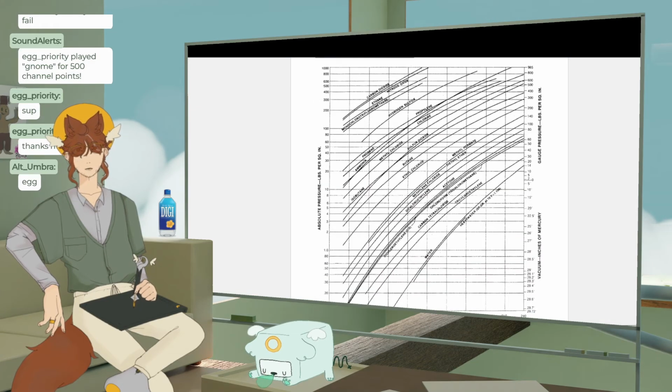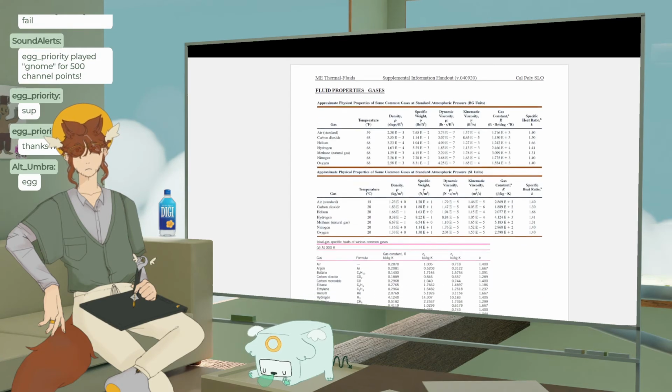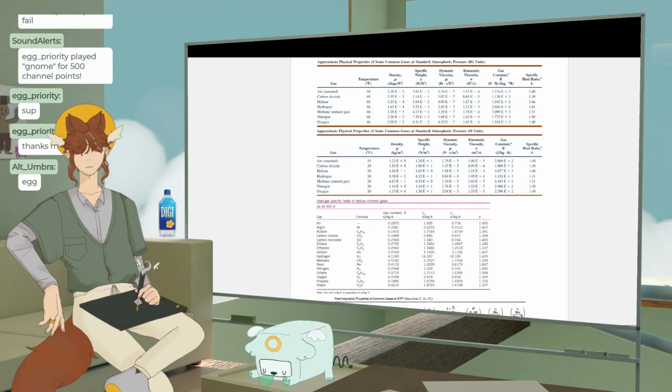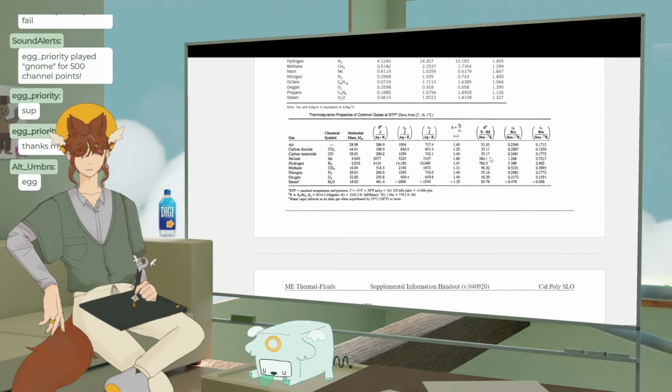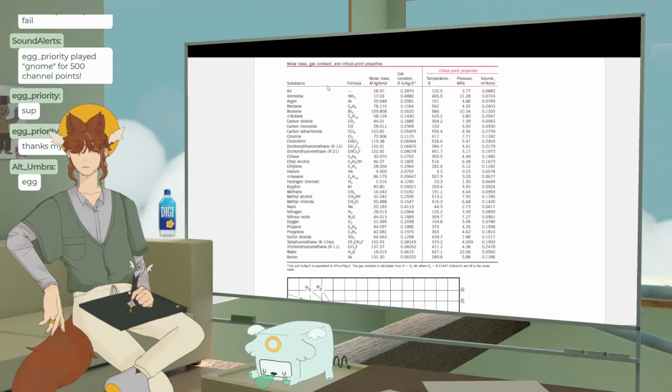So this is not air yet. Fluid properties water, fluid properties gases. Here we go. So we have air here.